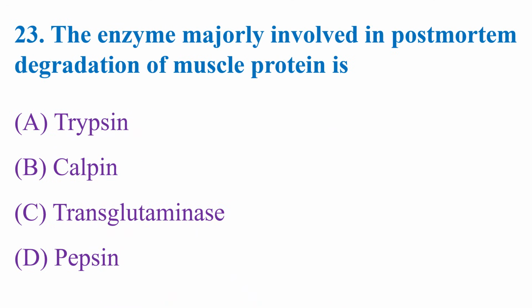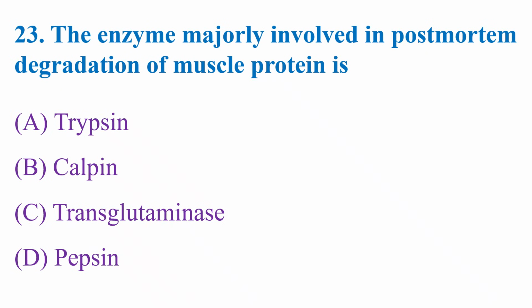In the postmortem degradation of muscle protein, is it trypsin, calpain, transglutaminase or pepsin? When an animal is slaughtered, its muscles stop receiving oxygen as well as nutrients.